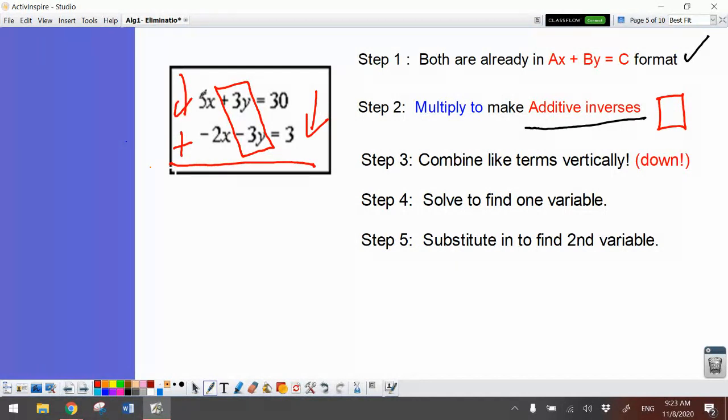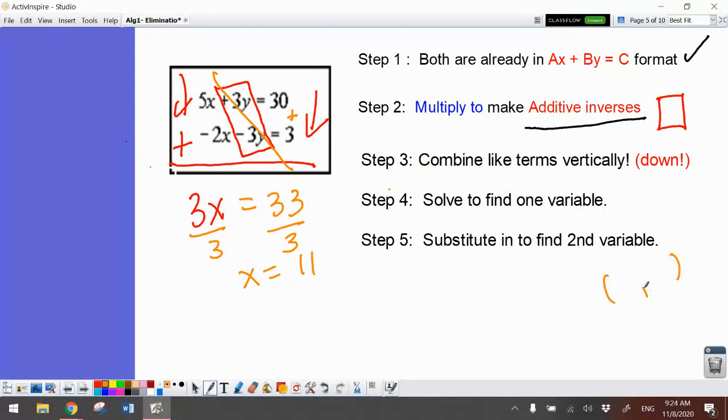Okay, so 5x minus 2x, that's a 3x. And hey, these additive inverses, they're gone, so I've crossed them out. And 30 plus 3, remember we're adding, 30 plus 3 is 33. I'm going to divide by 3. So x is 11. Simple.